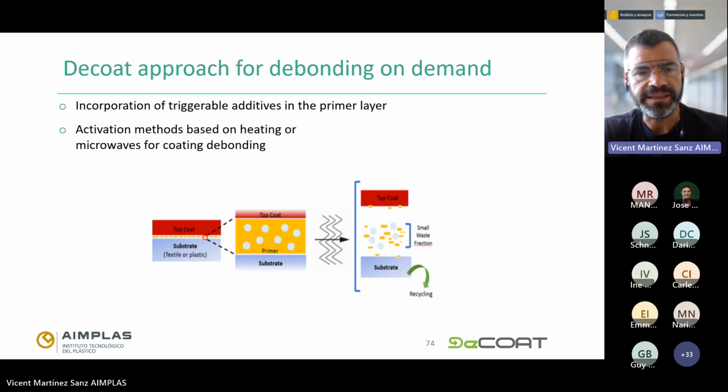So in this framework, the DECOAT project approach for the bonding on demand feature is the incorporation of triggerable additives in the primer layer applied onto the plastic surface.